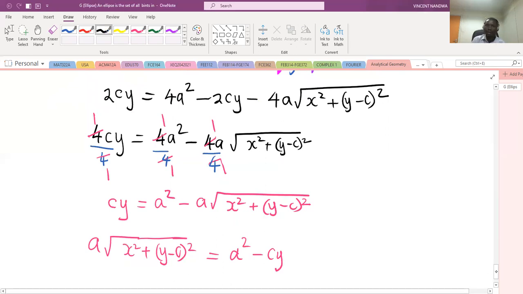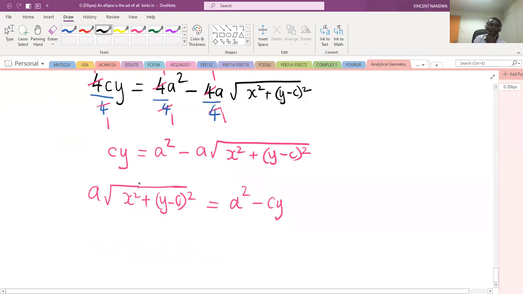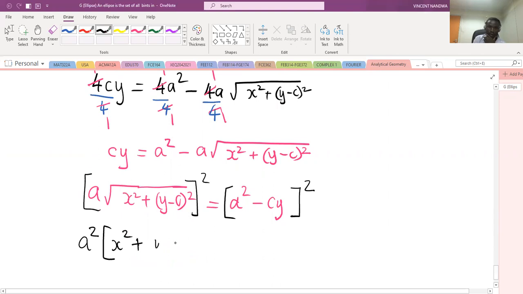By doing that, I can now eliminate the square root sign by squaring both sides. So I square this side, and I also square this side. I'll get a squared times (x squared plus (y minus c) squared) equals a power 4 plus c squared y squared, and then minus 2c a squared y.